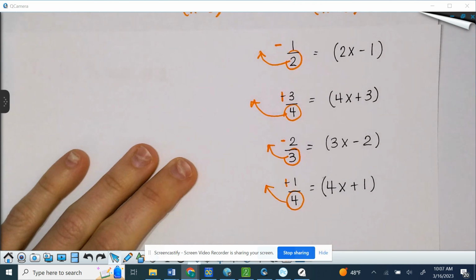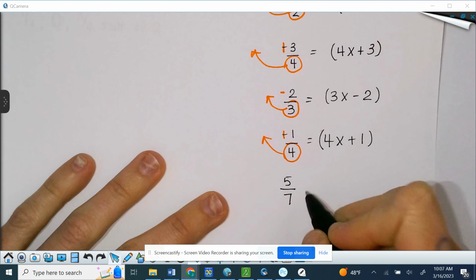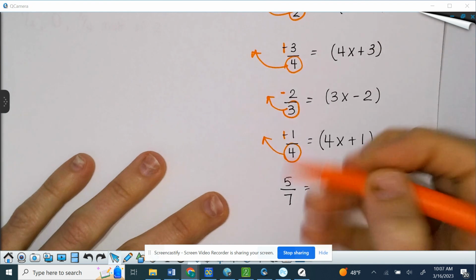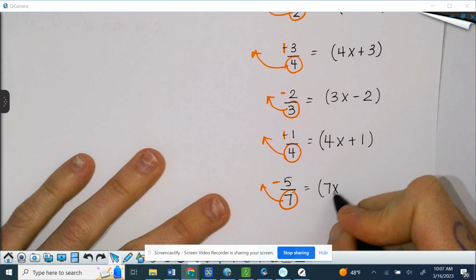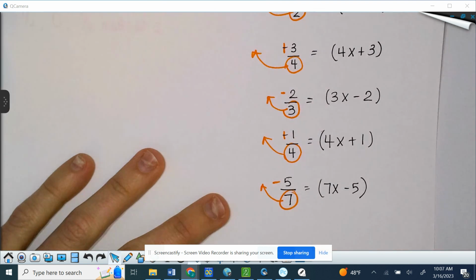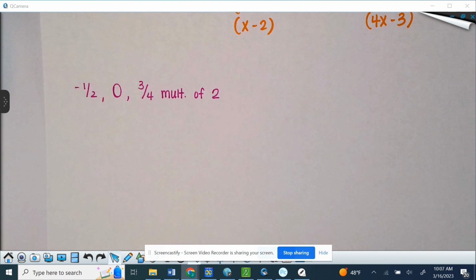And I lied, I'm going to do one more. Let's do an ugly one. 5 over 7, and we'll leave it positive. So guy on the bottom jumps to the front, becomes opposite. So 7x minus 5. So hopefully with that little drill of 5, please, please, please, you cannot put x minus 3/4. That is not an option. You have to switch it.